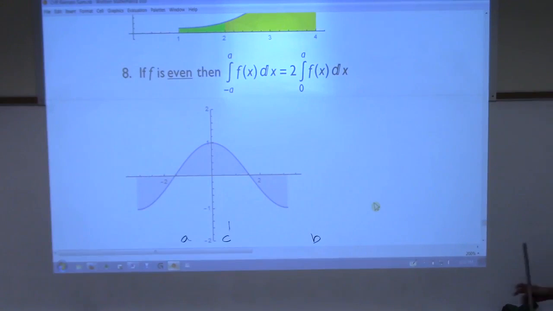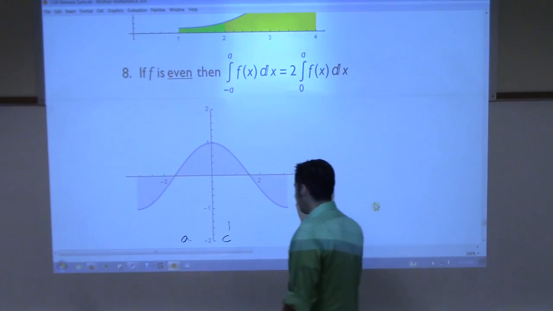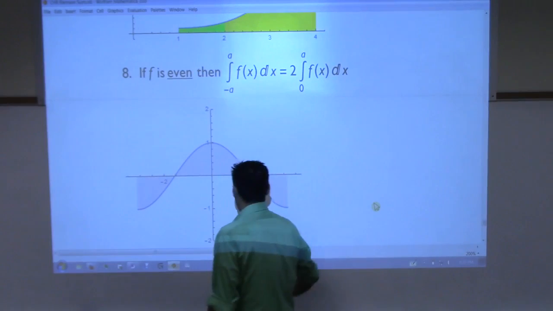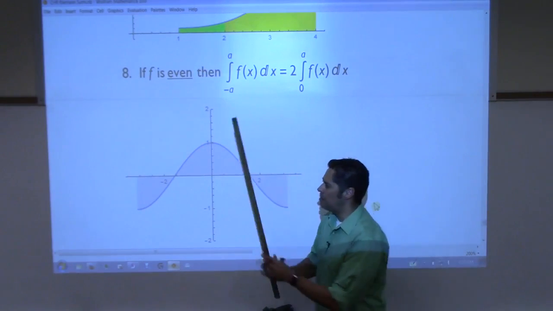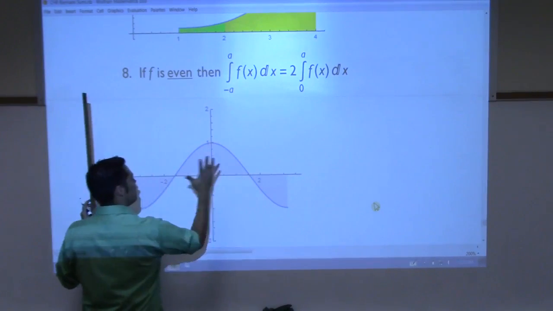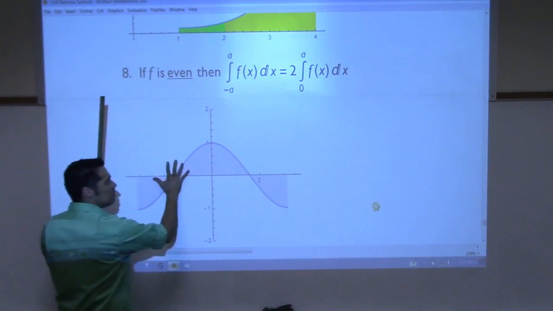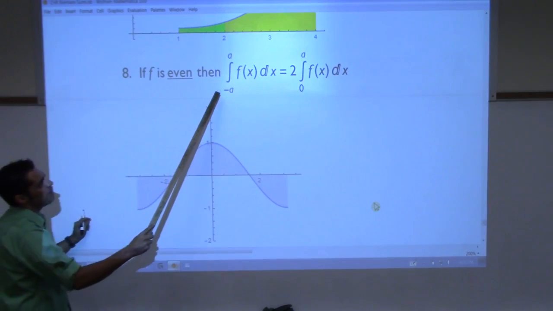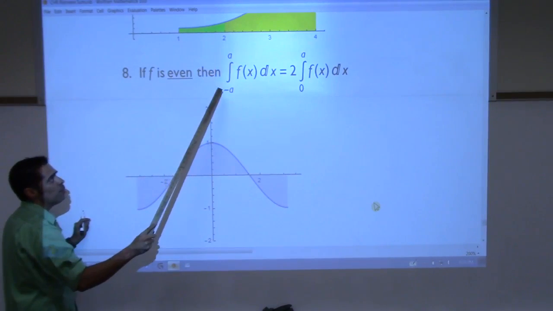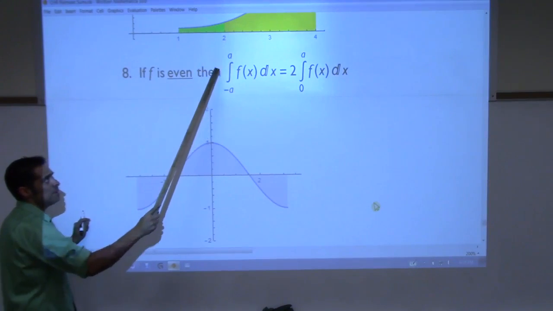This one says, if your function is even, that means even functions are symmetric over the y-axis. So even functions, when you reflect them over the y-axis, they land right on top of each other. If you're going to try and integrate from negative a to positive a, now this is important, these have to be the same numbers, just opposite in sign.